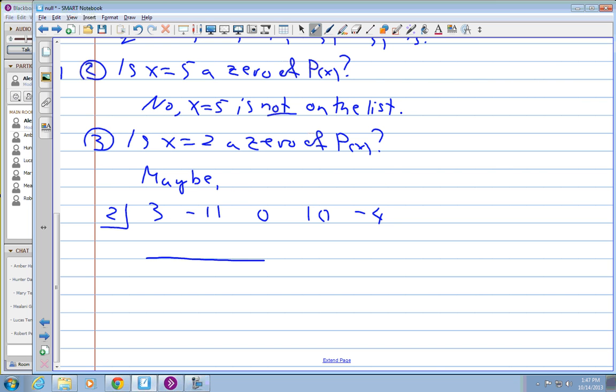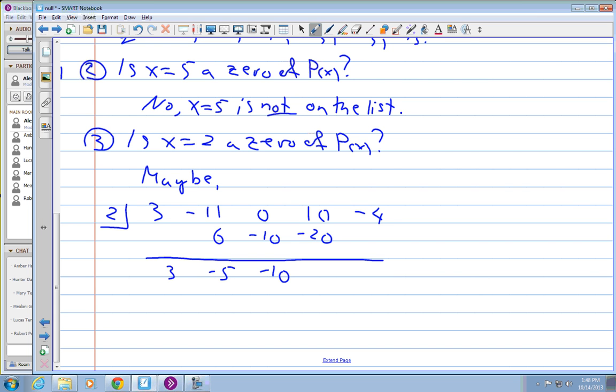So if we run 2 through this, 3 comes down, 2 times 3 is 6. Add the two numbers, we get -5. Multiply, you get -10. Add again, you get -10. Multiply, you get -20.